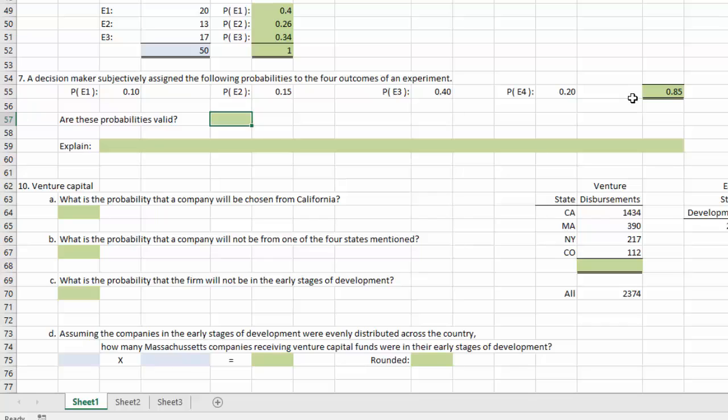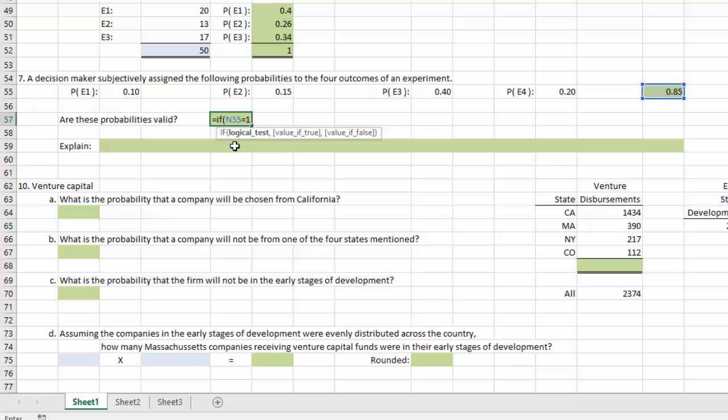However, we can actually use a calculation to determine this. We can say equals, we're going to put an if statement in here because this is going to be an if condition. We're looking at whether a statement is true or false. So we're going to say if, open parentheses, we're going to pick our value here of N55. That's our logical test. So if N55 equals 1, we know it's a true, or it's a valid probabilities.